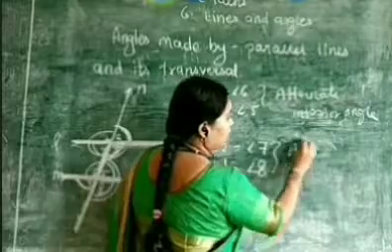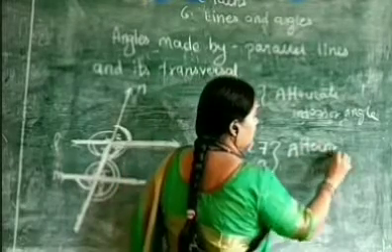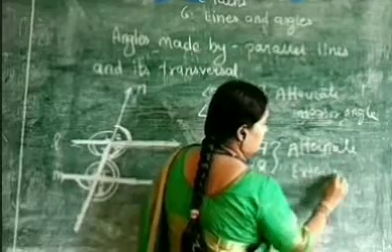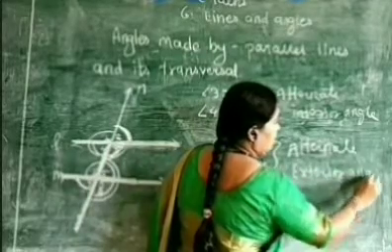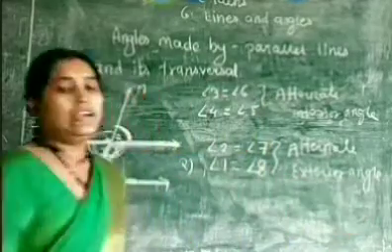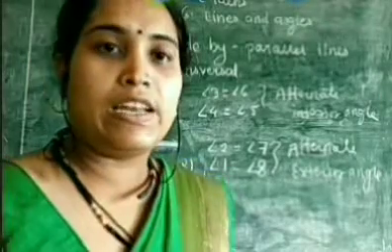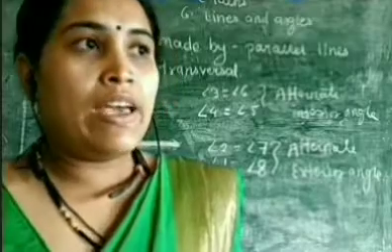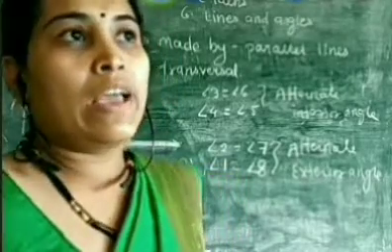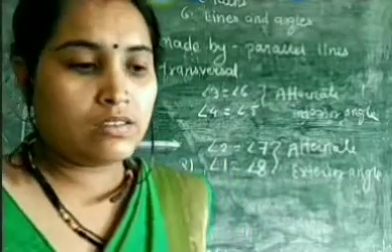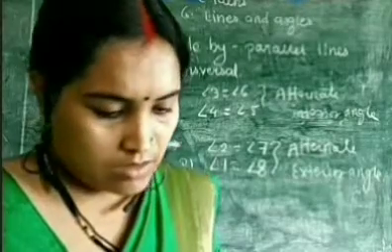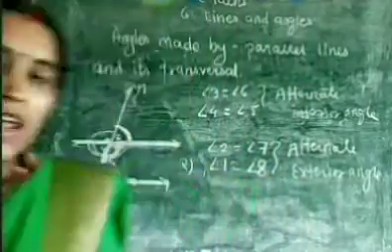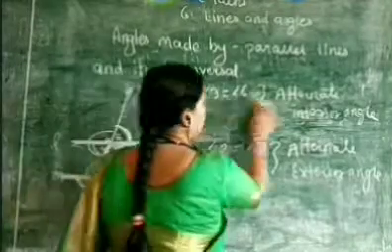These are alternate exterior angles. So, understood the alternate interior angles and the alternate exterior angles? Do you have any doubt regarding corresponding angles and alternate angles? Okay, now move on to a new angle: interior angles on the same side of the transversal.